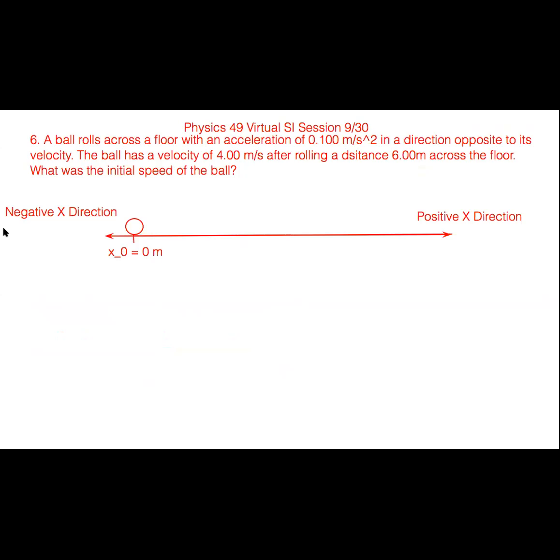In general, we can make the zero of the axis anywhere as long as we account for that difference.